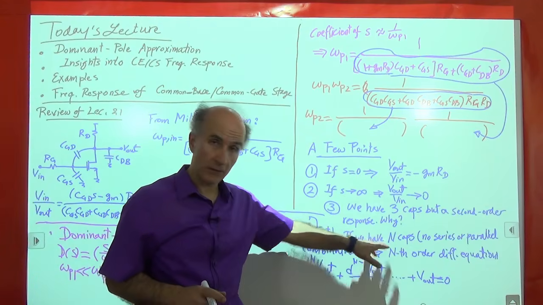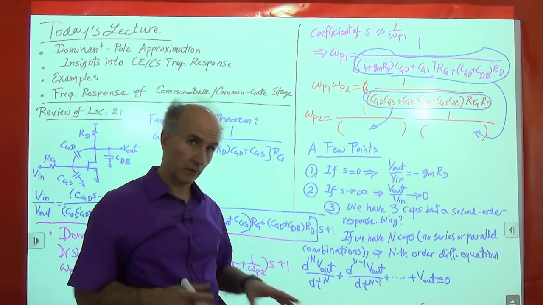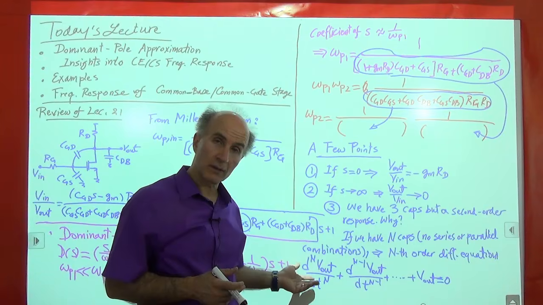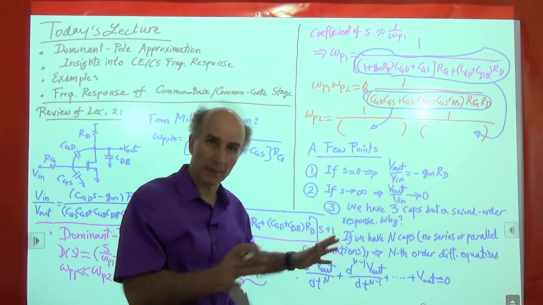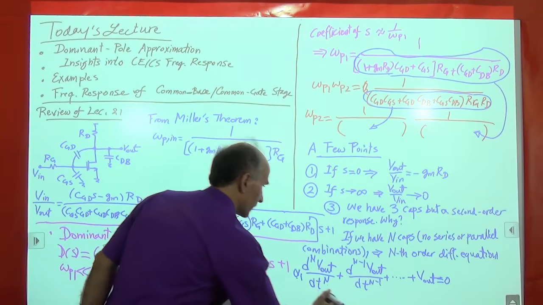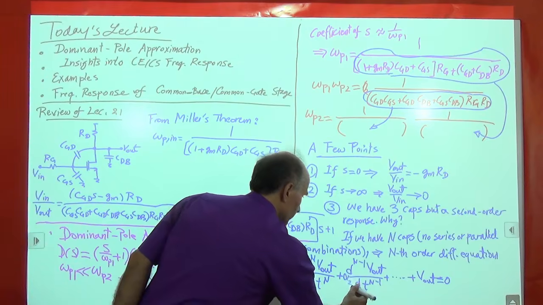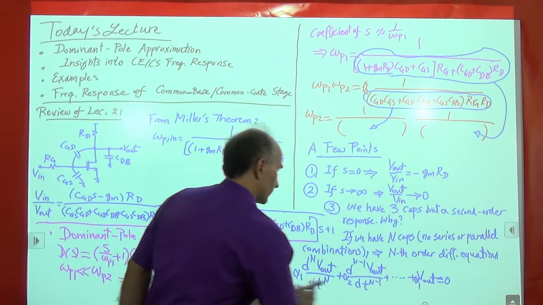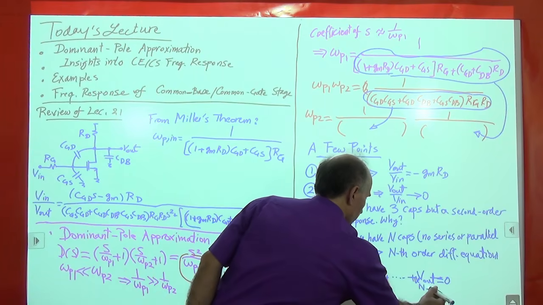If you have n capacitors, you will get an nth order differential equation. But to solve this differential equation, if let's say you have all the numbers, right? Of course, there will be some coefficients here called alpha 1, alpha 2, alpha n, right? So going from n to 0, alpha n plus 1.